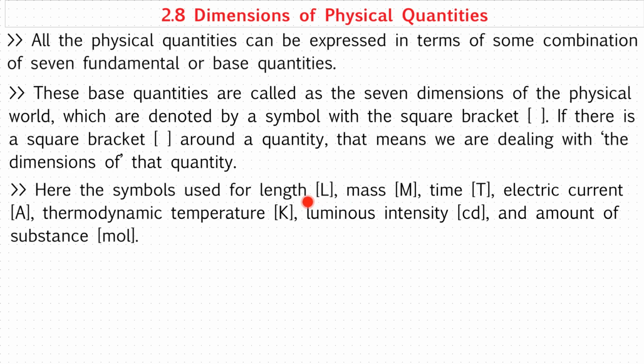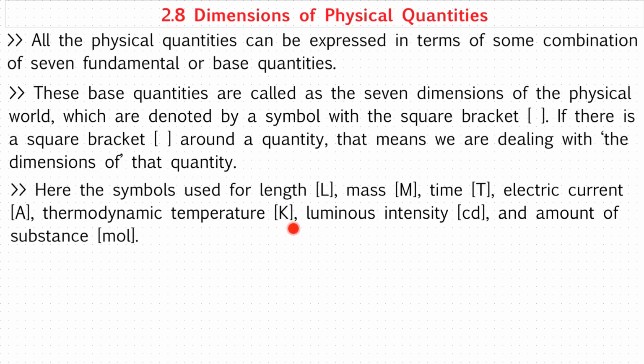Up to here, for length, mass and time, we were using the first letter of the name of the physical quantity. But for current, we are not using capital I or capital C; we are using capital A. For thermodynamic temperature also, we are not using capital T. We are using capital K, that is for Kelvin.